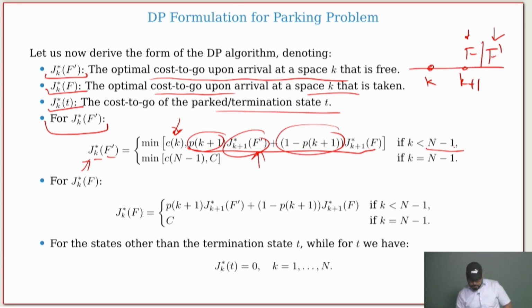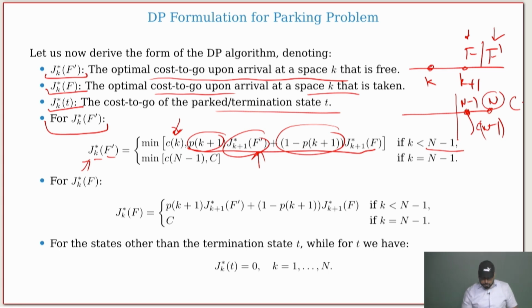Now if you are at the terminal stage, which we have discussed, here you have n minus 1 and n. This case is special because here at n minus 1, if you decide to park at n minus 1, then the cost is obviously C n minus 1, and if not, then your cost is C, for parking in a garage.